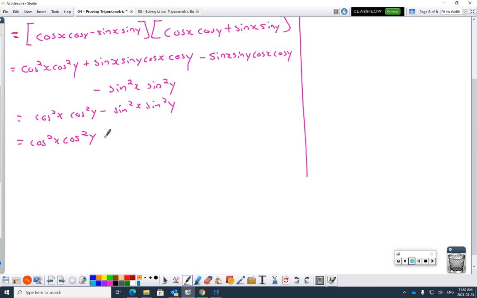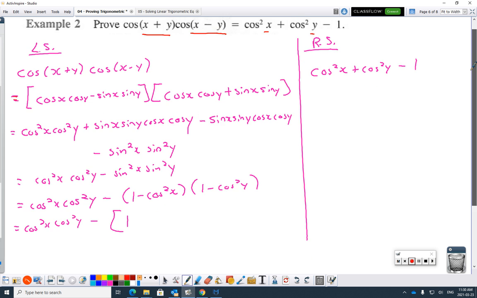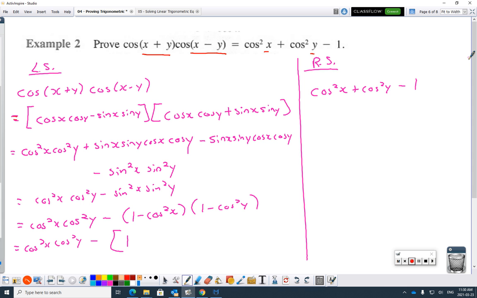So then, sine squared x is 1 minus cos squared x. And sine squared y is 1 minus cos squared y. So I'll multiply out those brackets with a negative out front. 1 times 1 is 1. And faith starts to come back just a little bit.